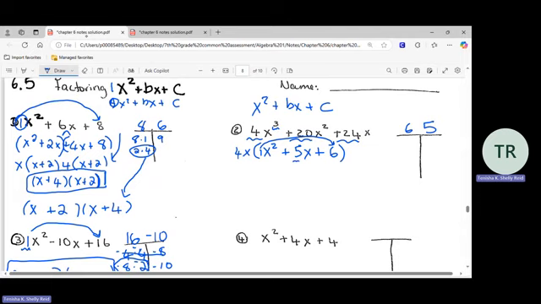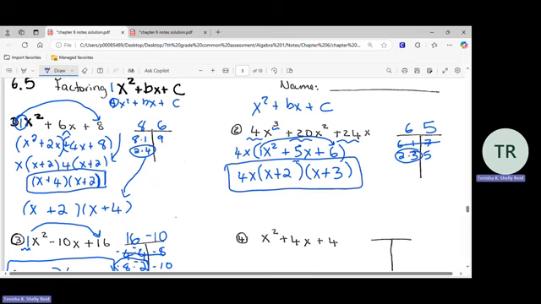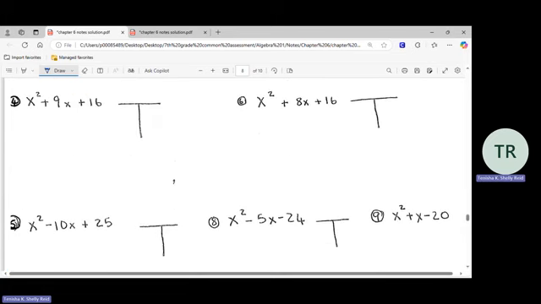Well, positive 5, what's that? 6 and 1, nope, that's 7. 2 and 3. That gives me 5. Good. So now I know that this can be factored into x plus 2 and x plus 3. And you do have the 4x in the front. You need to put that back in the answer. Ta-da!